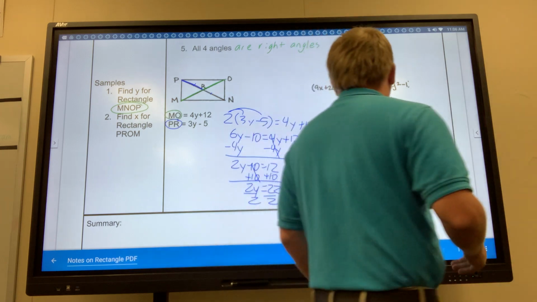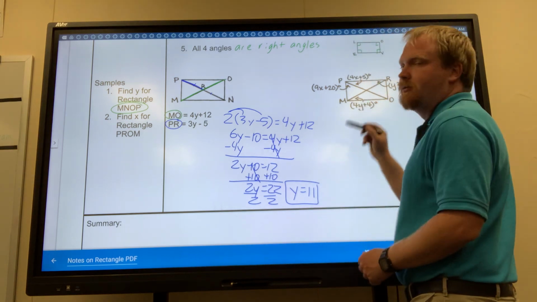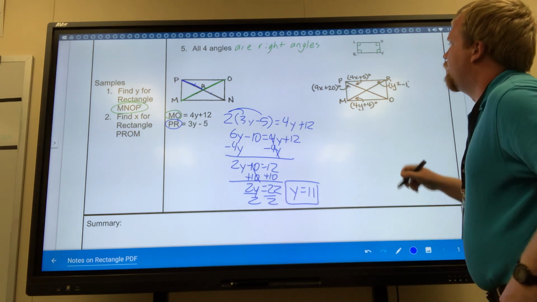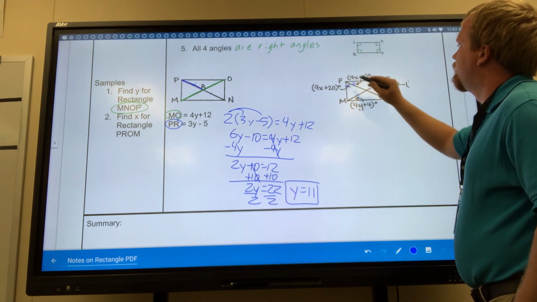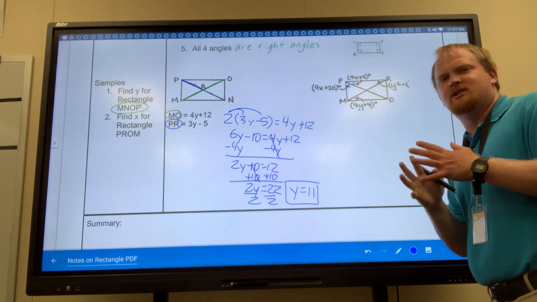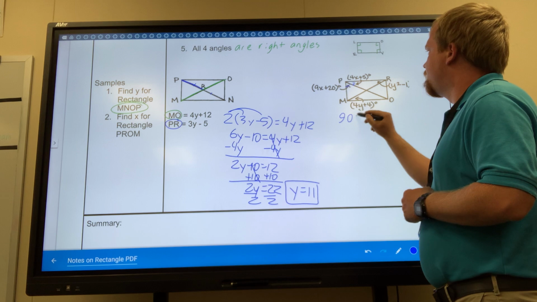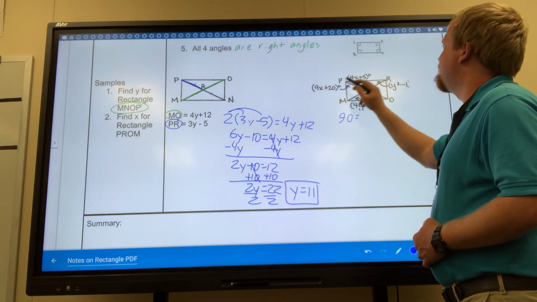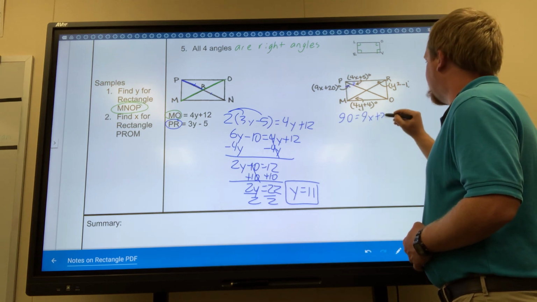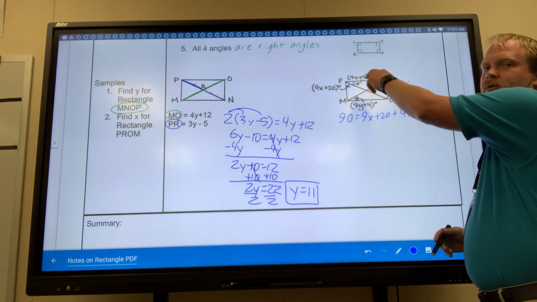Now, if I'm looking at rectangle PROM, I want to be able to solve for x. Well, notice how these angles are at the same angle. At least they're a combination of the same angle, which we know in rectangles to be 90 degrees. So what I can do is add these two up and set it equal to 90, since they're on the same angle.